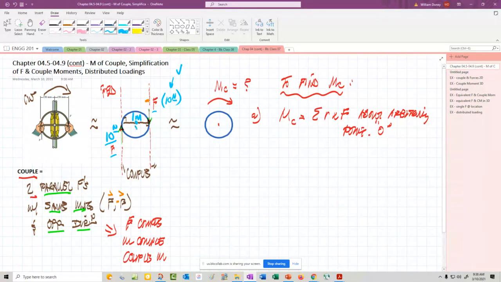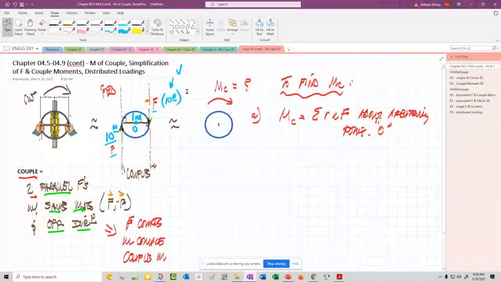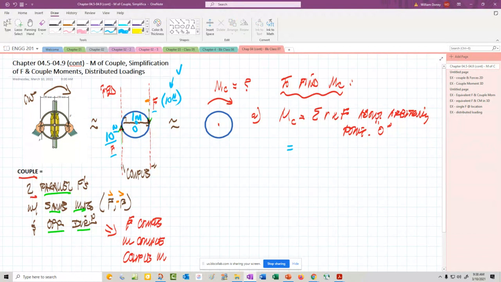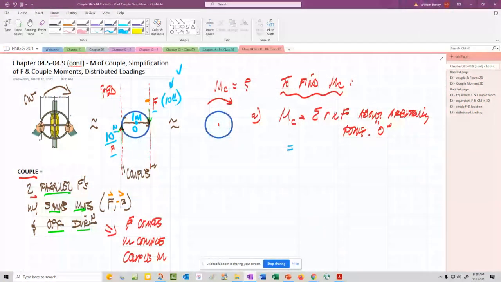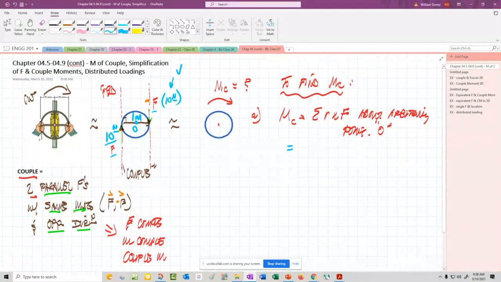So let's make this the origin there, O. We could find that by summing it, so we could call this the F up. We'll do this one with counterclockwise positive. So that becomes a minus 10 times a distance of 0.5 to the origin, plus a minus 10 times 0.5 to the origin, right?